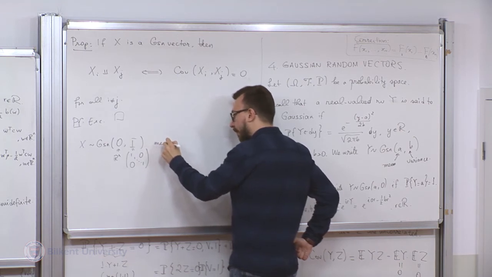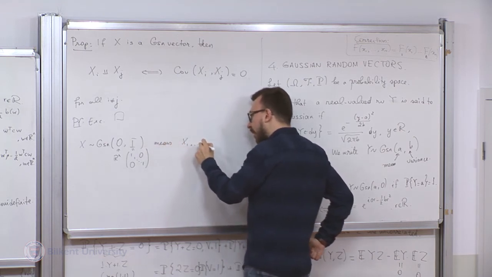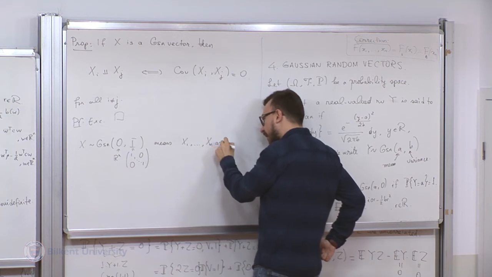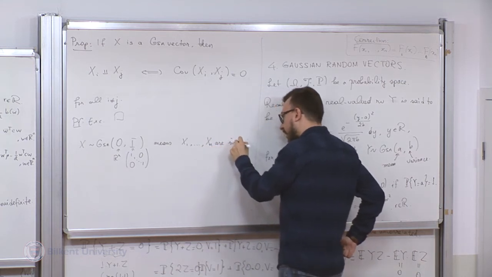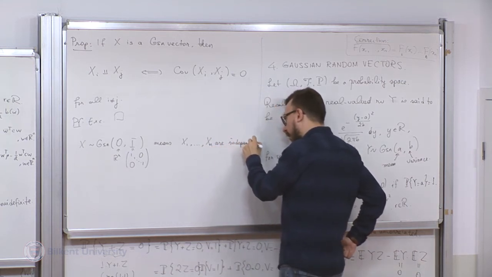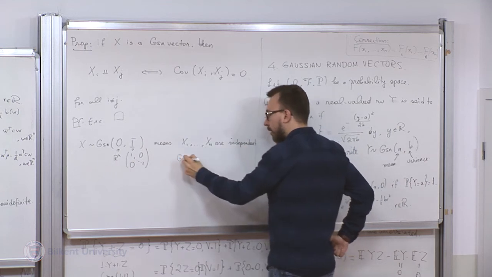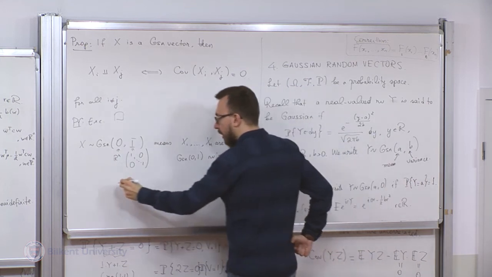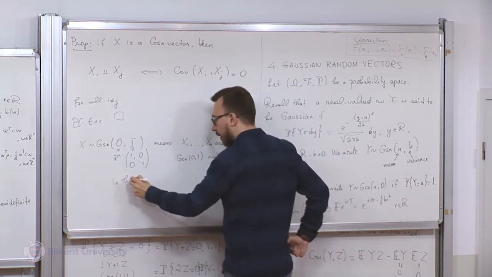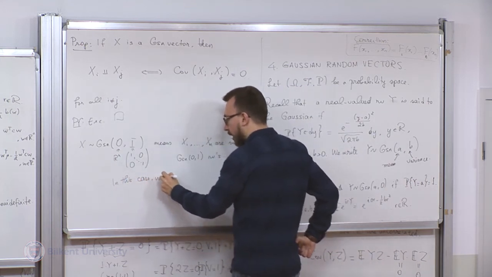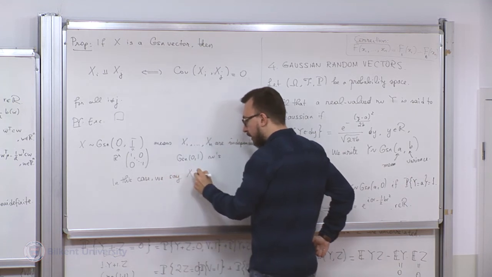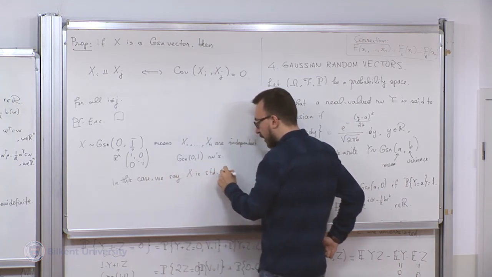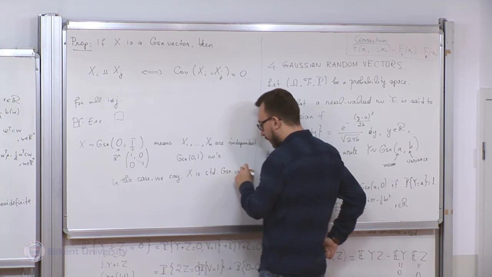Means X1 to Xn are independent Gaussian 0, 1 random variables. In this case, we say the vector X is a standard Gaussian vector.